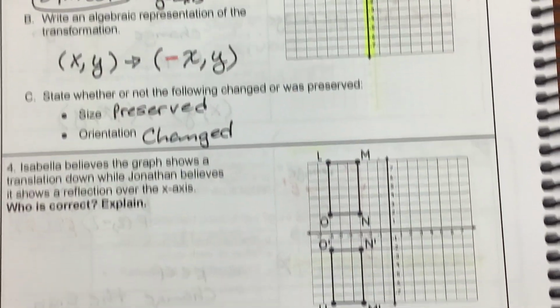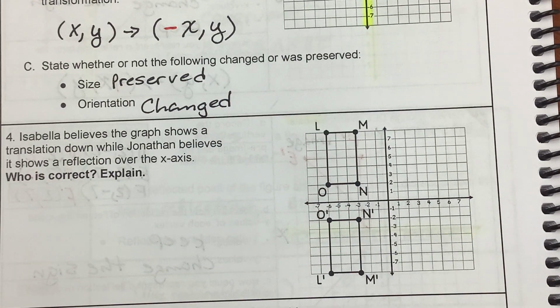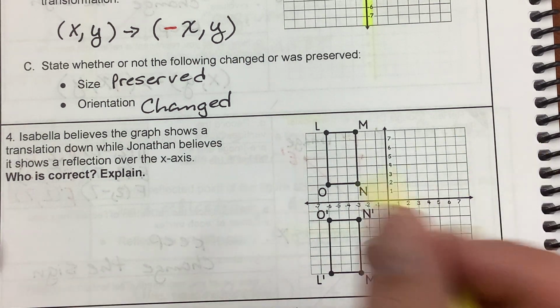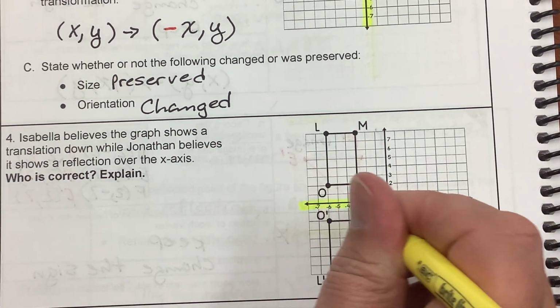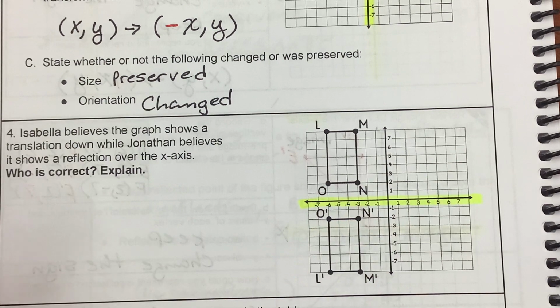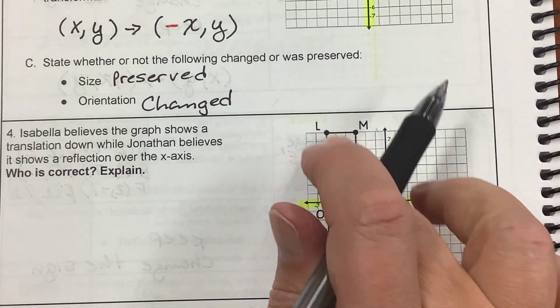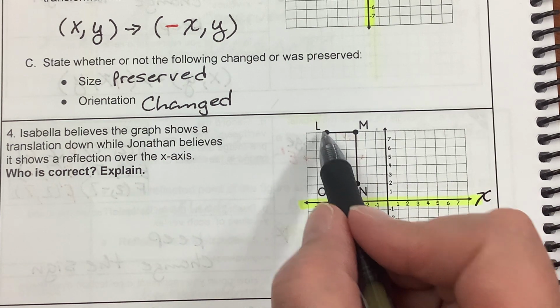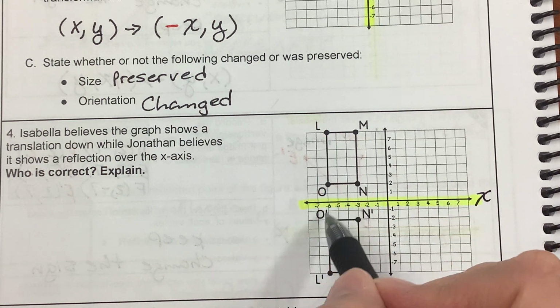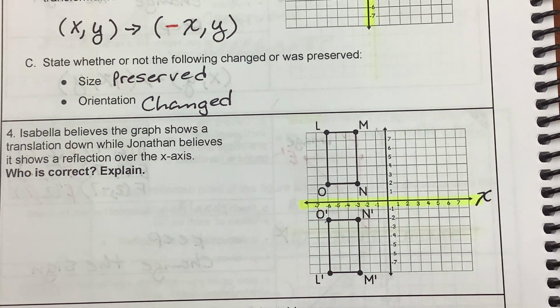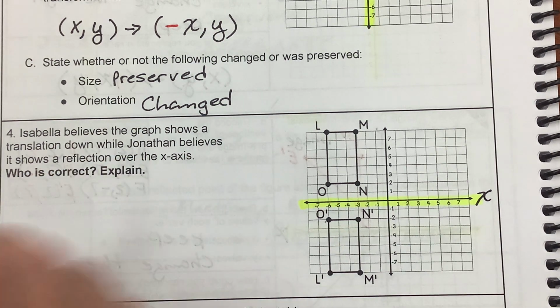Okay, Isabella believes that this graph shows a translation, while Jonathan believes it's a reflection over the x-axis. Remember, this is the x-axis, and I'm thinking that maybe Jonathan is right. This isn't a slide down. If I slid it down, that L would be on top, but it's not. It's equidistant. So this is a reflection.